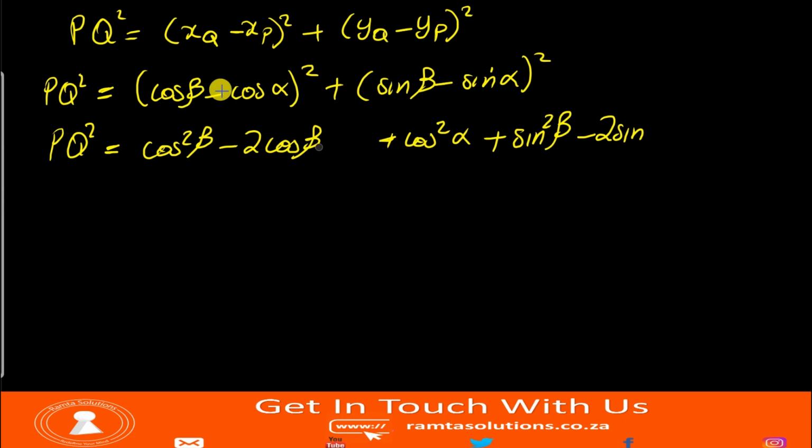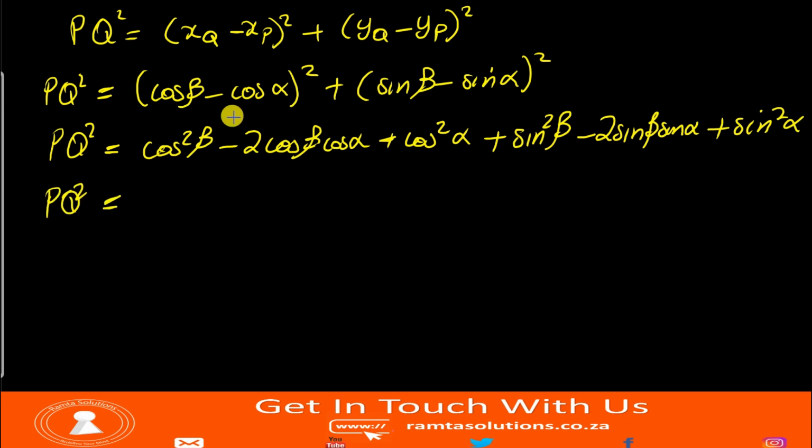I see it. It was cos, my mistake. So here it'll be cos beta cos alpha plus sine square alpha.